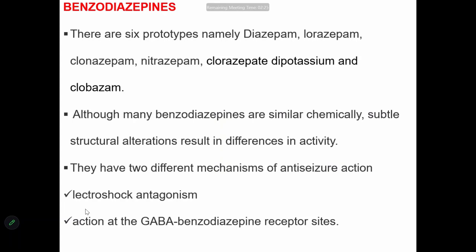These ones are used mainly in emergency cases, because when used for long, they end up causing side effects like severe sedation. Patients who are on diazepam for long usually have very bad sedation, and that interferes with their growth, especially in children. So I'll give this out as an assignment. Read about the benzodiazepines, the 6 molecules that are available.